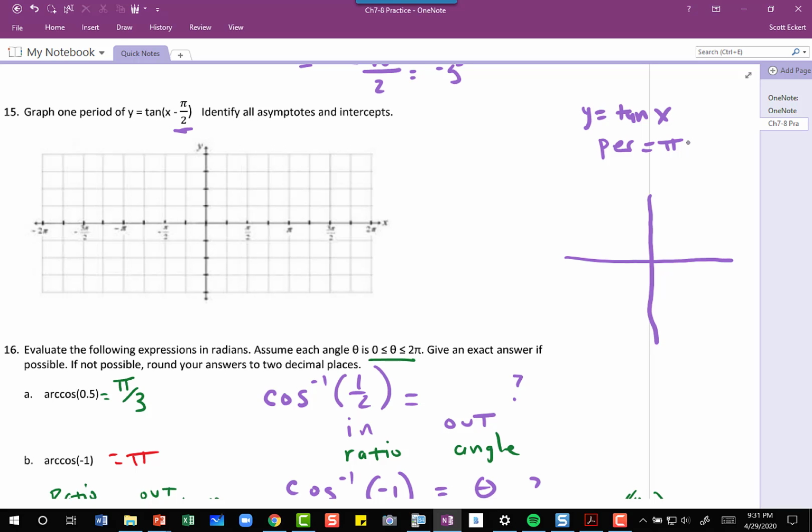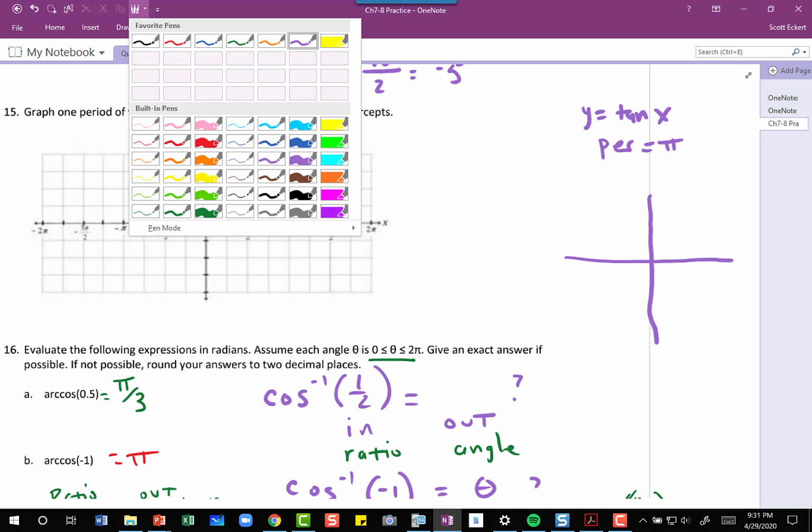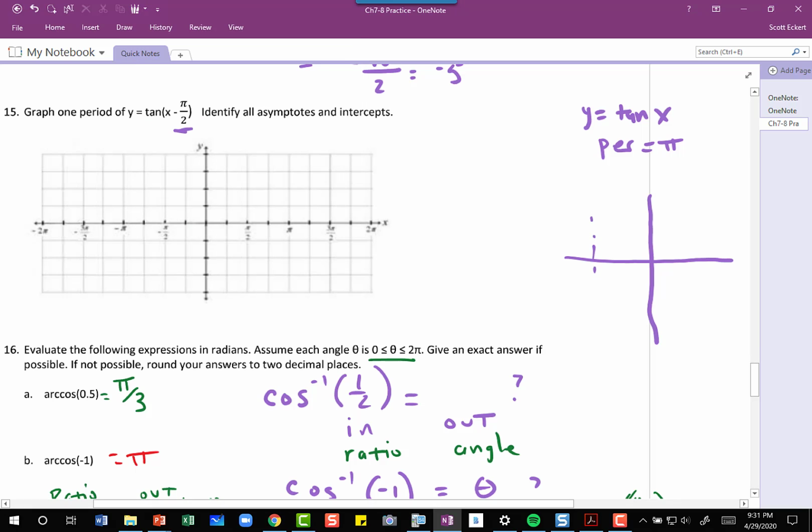And we also learned before that there are a couple of asymptotes. If I put my asymptotes on here, this is going to make my window. So I have negative pi halves to positive pi halves, and those are two asymptotes.